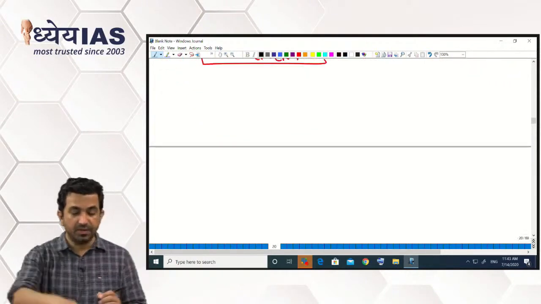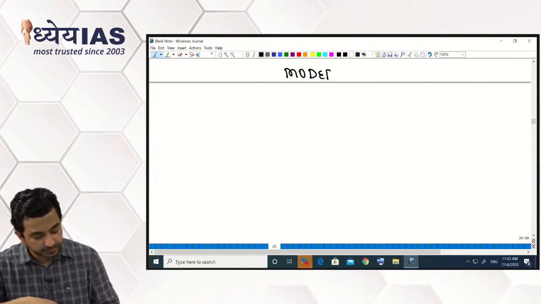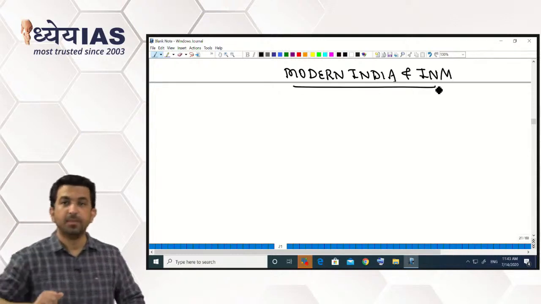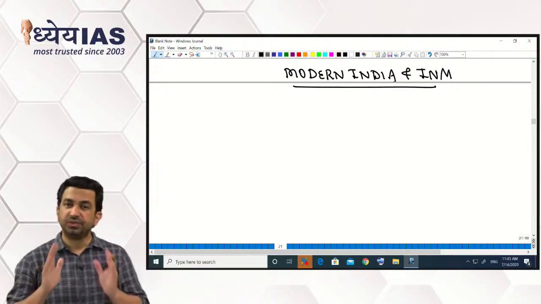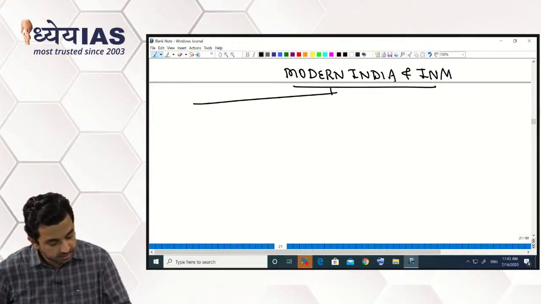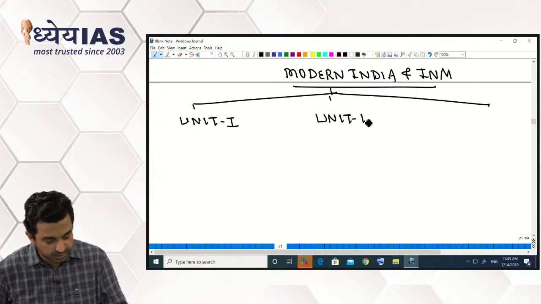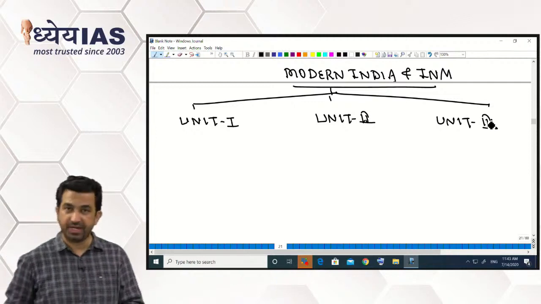So let's divide modern India and Indian national movement into three distinct units: Unit 1, Unit 2, and Unit 3.